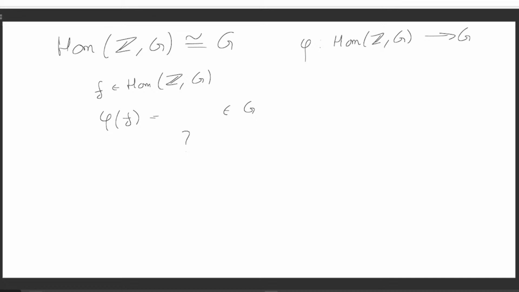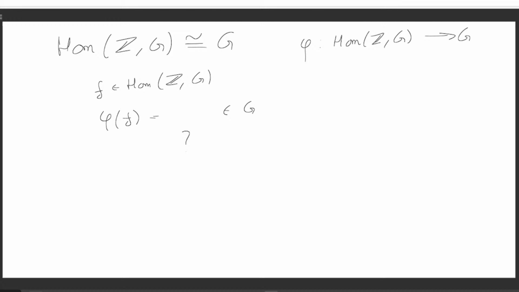But here the order is infinity, so that condition goes away. You can take whatever element you want. You will never run into a problem because 1 plus 1 plus 1 plus 1 never becomes 0. So you can map to any element of G. So the idea is there is a one-to-one correspondence between this and this. That is already clear. We just need it to be an actual group isomorphism. Okay, that's the only thing.